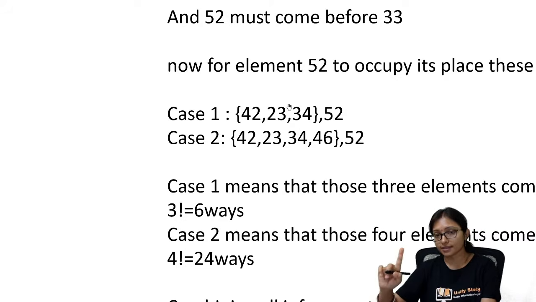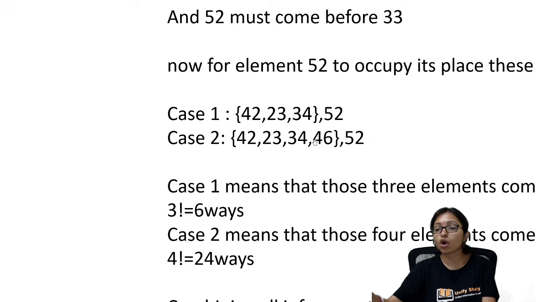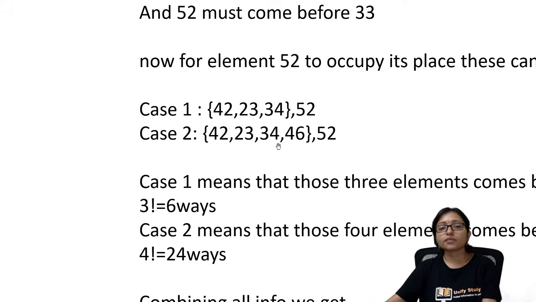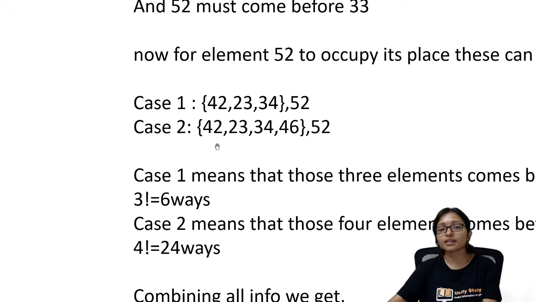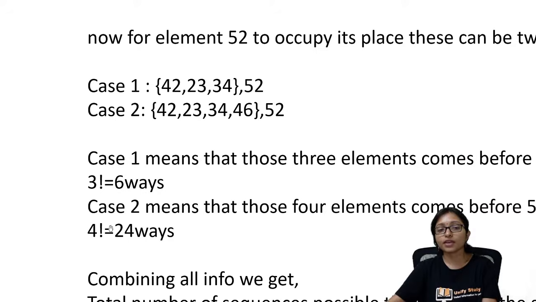It is one case. Another case is that before 52, 42, 23, 34, 46 all can come. This is another case. So for the first case, how many ways are there? 3 factorial, that's why 6 ways. For the second case, how many ways are there? 4 factorial, that is 24 ways.